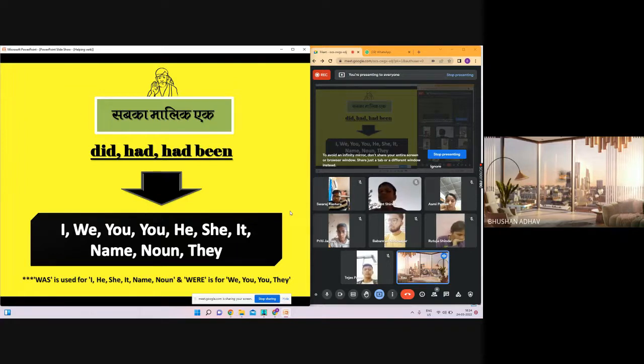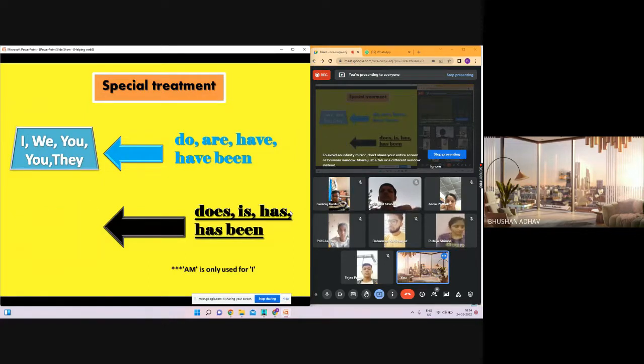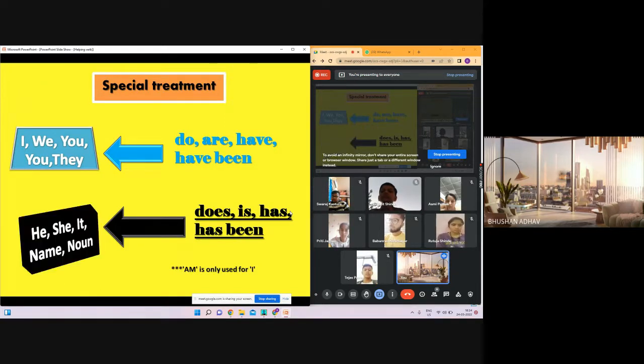So in the case of the present tense, the special treatment is for whom? He, she, it, name, noun. So do for the normal treatment: I, we, you, they; and does for the special treatment: he, she, it, name, noun. So chanting: I do, we do, you do, he does, she does, it does, name does, noun does, and they do.